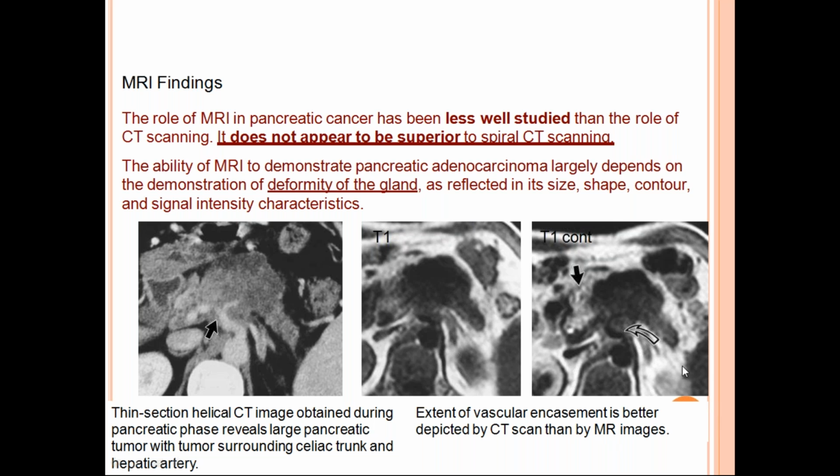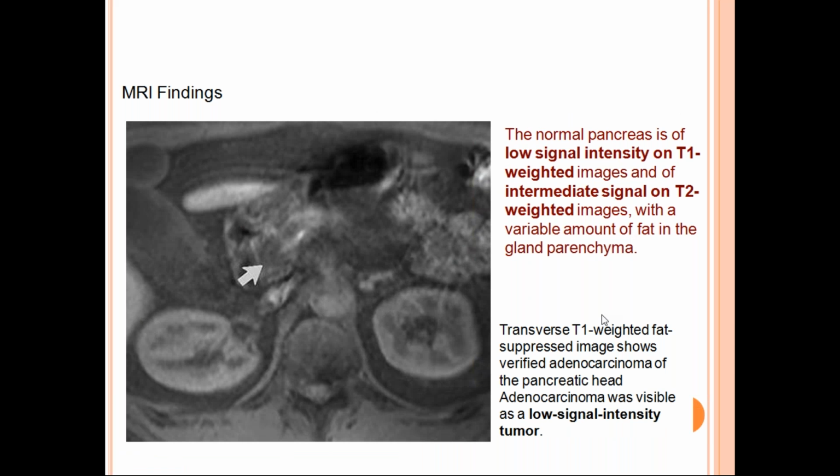Okay, I don't know whether you can locate it or not. This is the tumor part, and it is involving the vessels. This is also MRI finding. So how does it appear?